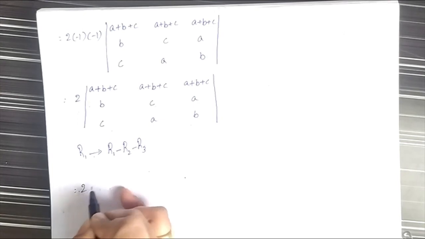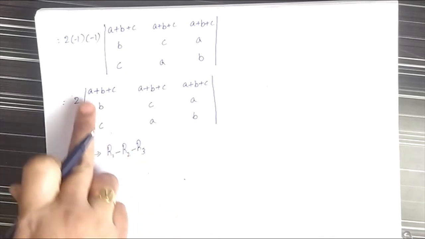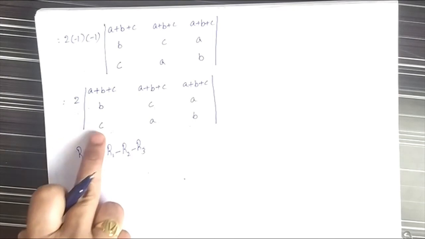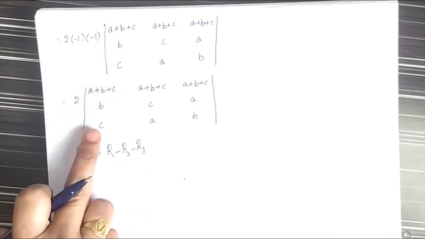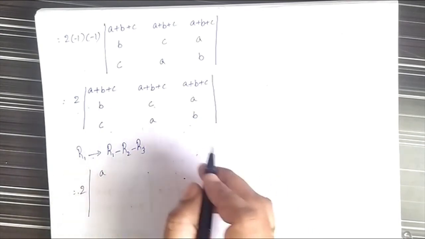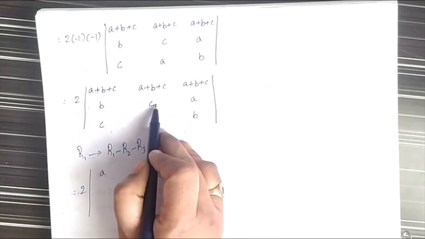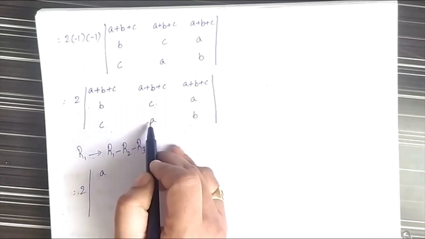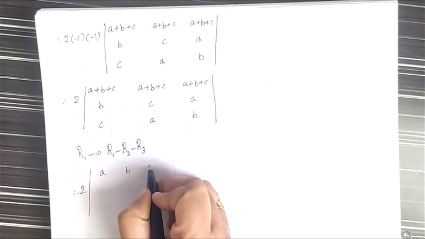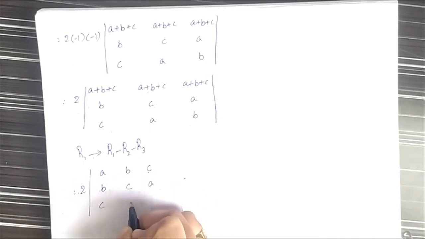That is 2 into determinant. R1 is a plus b plus c minus b minus c, where b and c cancel, giving a. Similarly the next entries give b and c. The remaining rows are b, c, a and c, a, b.